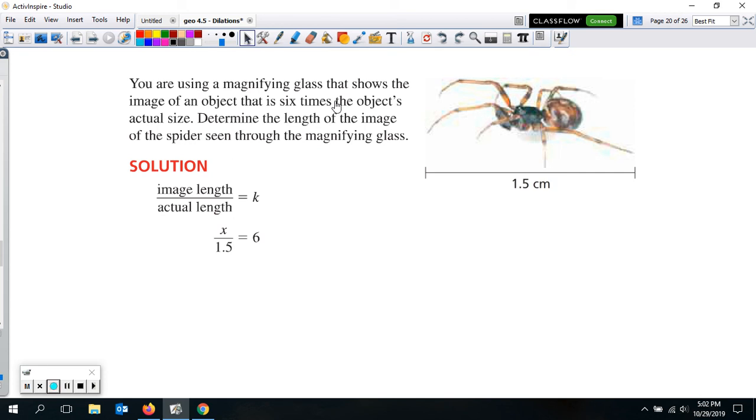What we're trying to figure out is the length of it in the image, the length in the magnifying glass. So we multiply both sides by 1.5, and that gives us 9. So 6 times 1.5 to solve for x is 9. The image length through the magnifying glass is 9 centimeters.